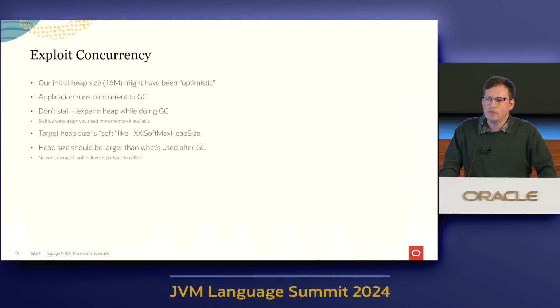So it might be that while we're running a garbage collection cycle, the application allocates a whole bunch more memory, and we're just going to give it to them. And at the end of the GC cycle, we're going to say that you probably needed at least as much memory as you have after the GC cycle finishes. And this way, the heap size that we're computing is more like a soft max heap size, in that it's an indication of how large we think the heap should be, but we're not going to hold back if you need more, to avoid allocation stalls.